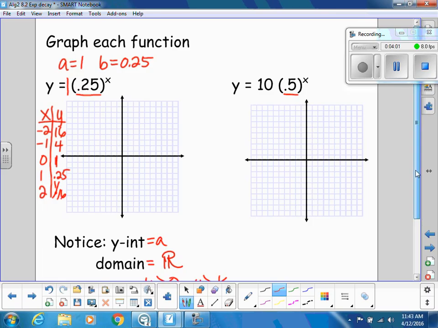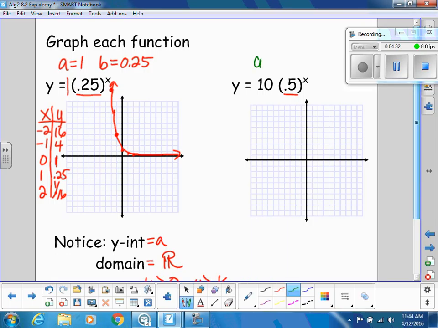I'll have to do that as a decimal later. All right, so -2, 16, that's off my graph. -1, 4, 1, 2, 3, 4. And then 0, 1, and then 1, 0.25, and then really little bitty. So here's what it's looking like. You see it still has that sharp curve, it's just that it happens first, and then it gradually decreases. I still have that asymptote, it still flattens out at 0.